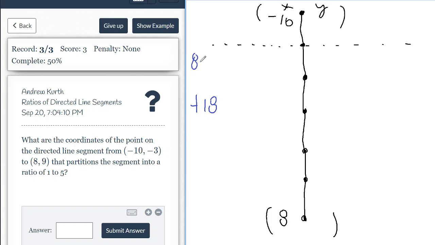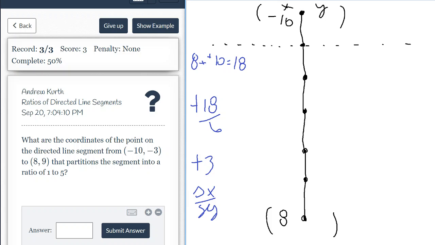So you have 8 minus -10, which is 8 plus 10, which is 18. And then we have a total of 6 segments, or 6 moves. 1, 2, 3, 4, 5, 6 moves. So that means this should be divided by 6. So we're actually going to add 3 per move. And this is the change in x per segment.